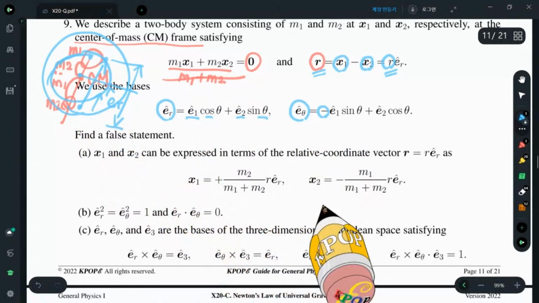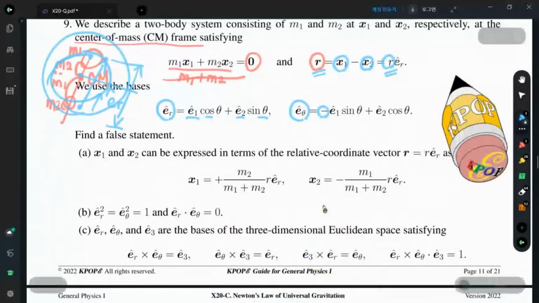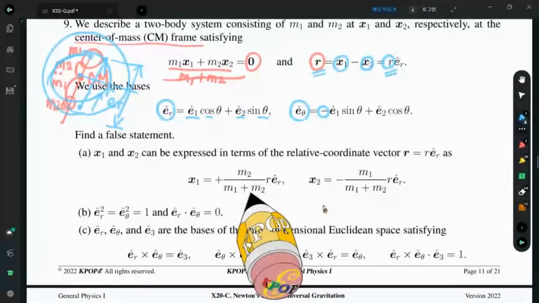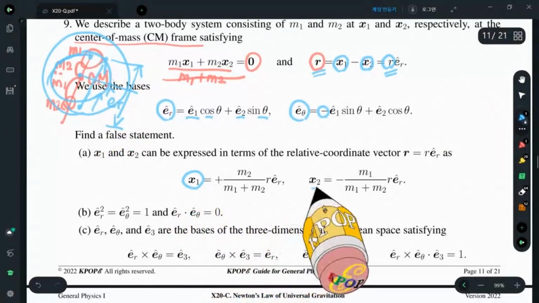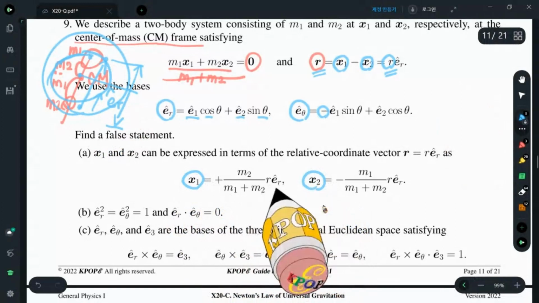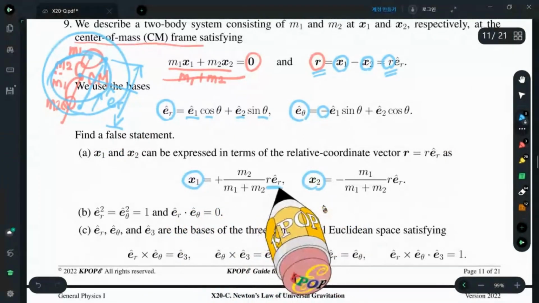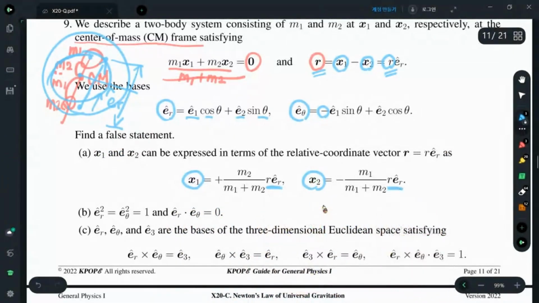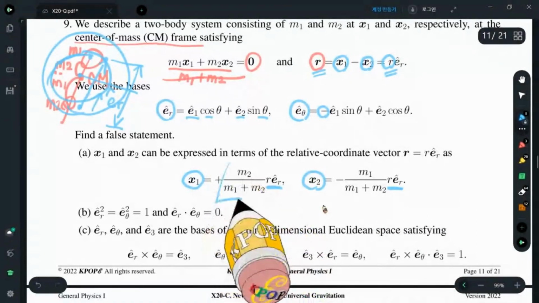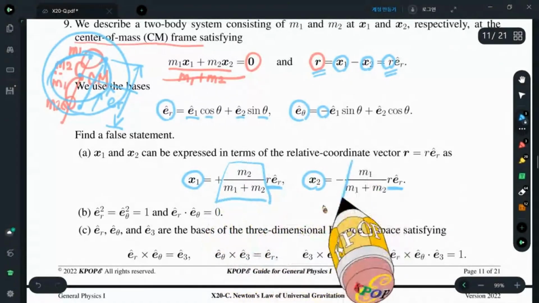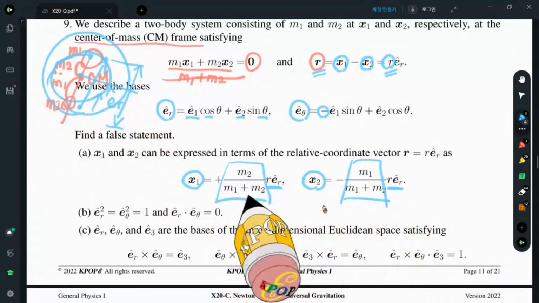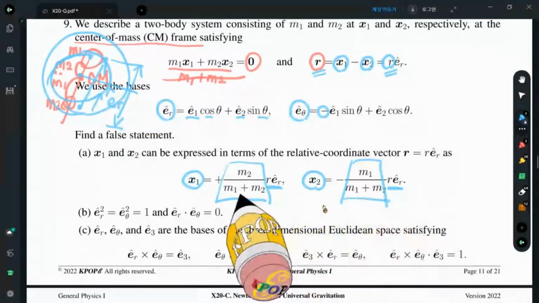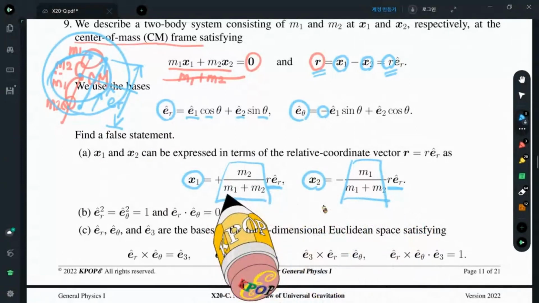Using these coordinates, the relative coordinate r, we can express the position vector of x1 and the position vector of x2 in terms of this relative coordinate. And the overall factor is nothing but the opposite mass ratio in units of total mass.